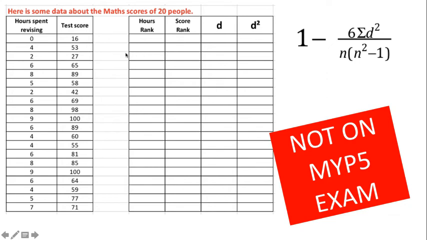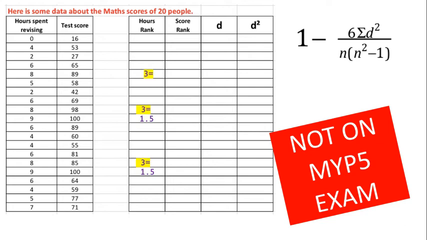But what we've done is we've ranked the number of hours spent revising. So the people who spent 9 hours are first equal, and then because they're both first equal, they occupy first and second place. So we've designated them both as being 1.5, the average of place 1 and place 2.